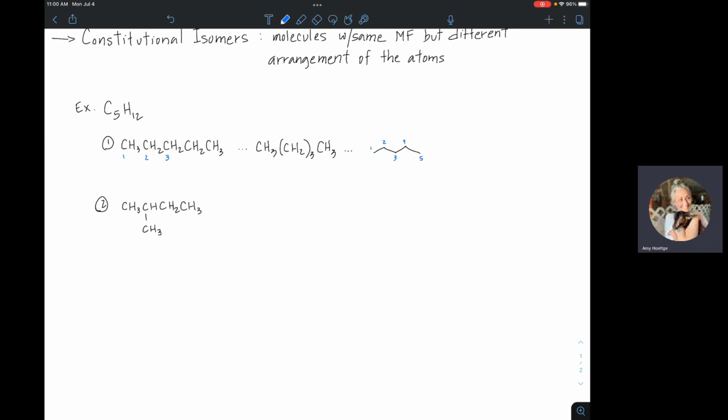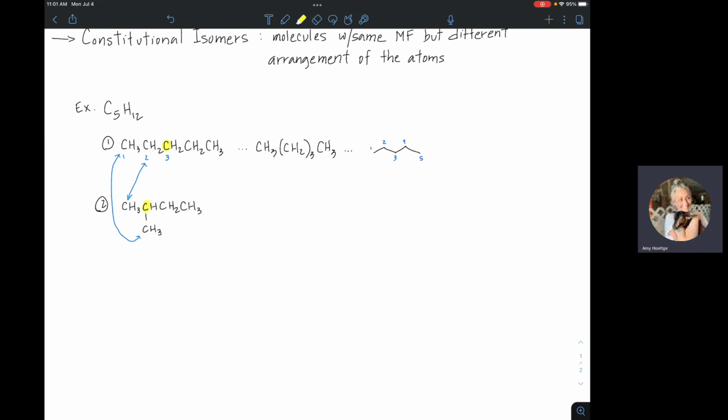So this used to be that carbon. It's now carbon 1 in this structure, right? And then I'm going to take the methyl group and I'm going to put it on that carbon. This right here is this right here.